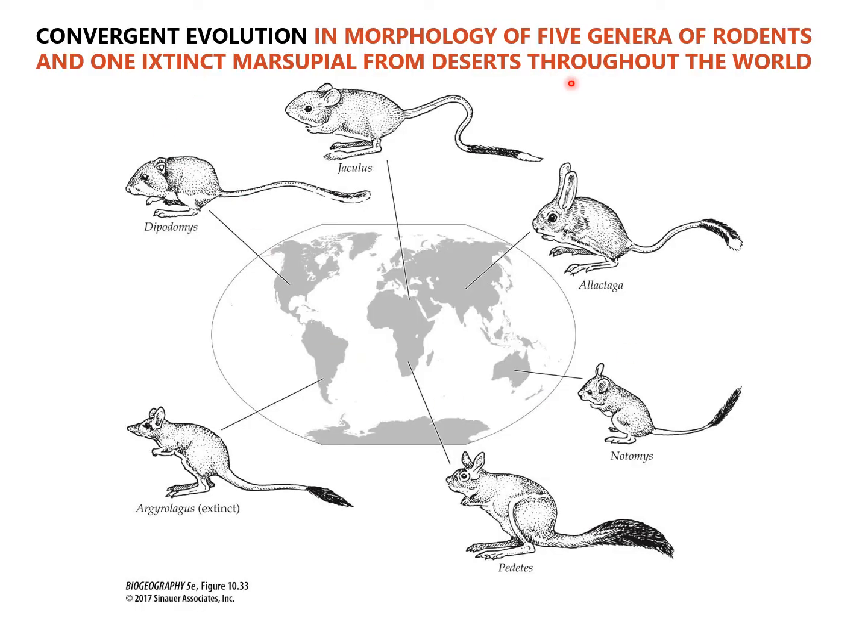Here is convergent evolution in the morphology of 5 different groups of rodents and 1 extinct marsupial from deserts throughout the world. These are small mammals found in desert locations, and they are very distantly related and found very far away from each other.